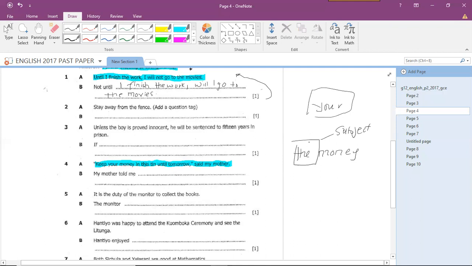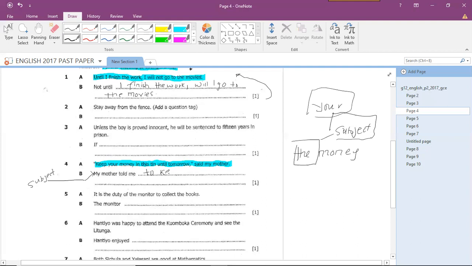So even in the next sentence, you have to add an element of a subject. So my mother told me to, oh wait, the subject is here. So my mother told me to keep the money until tomorrow. Oh, sorry, you were right. I didn't see this my here. So this my here adds the subject. I thought they took out the subject in the second sentence. So that's the subject.